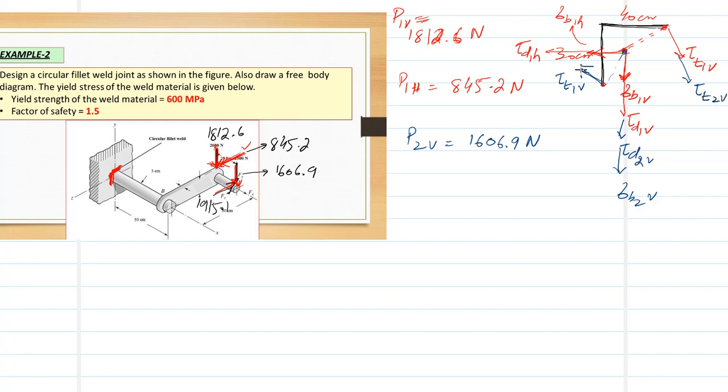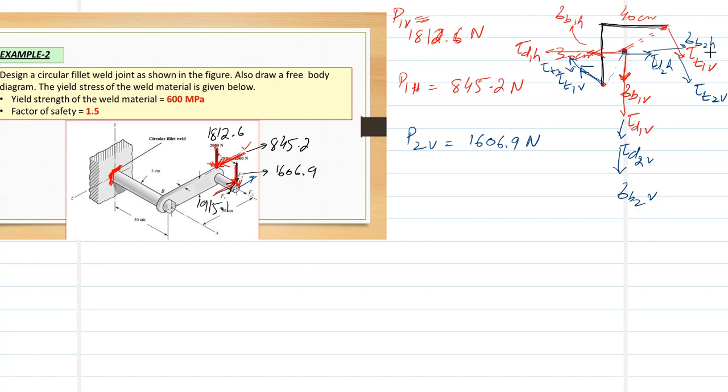This is tau T2V. Clear? And because the horizontal component is acting in this direction, we have a direct shear in this direction, which is tau D2H, and we are bending in this direction, which is sigma B2H. Clear? So these are all the stresses that exist in the system.